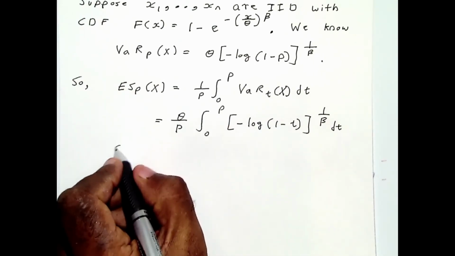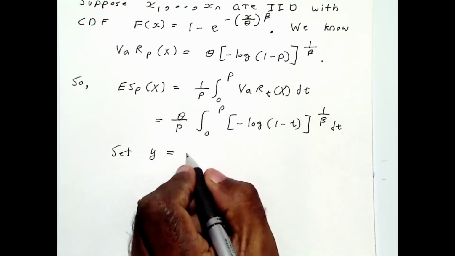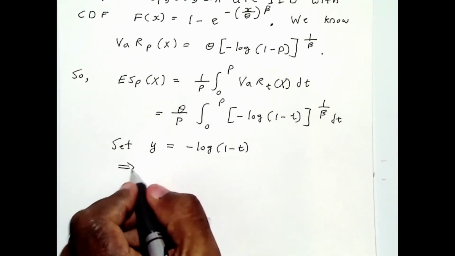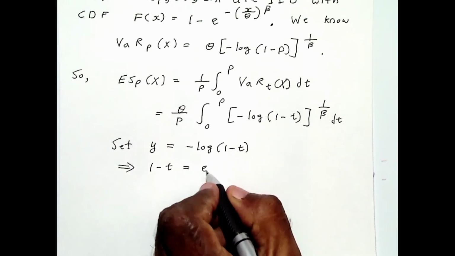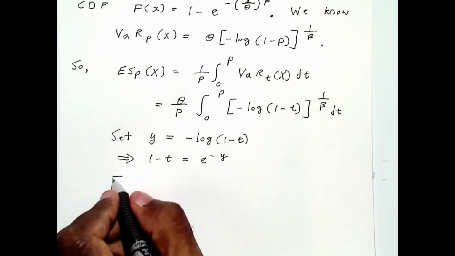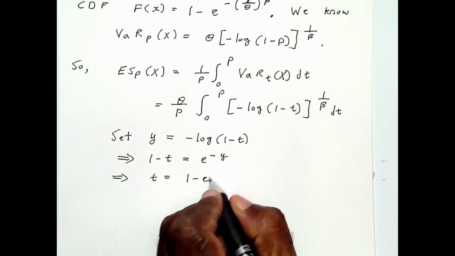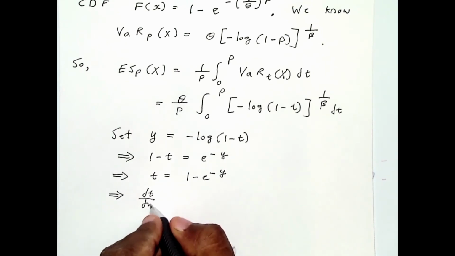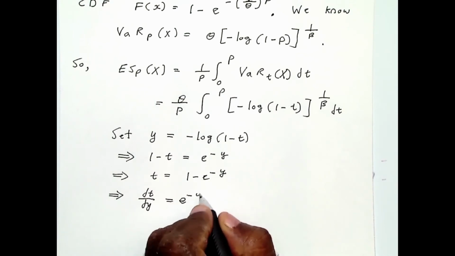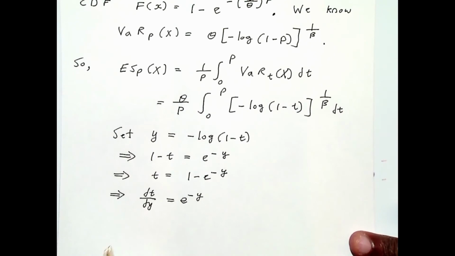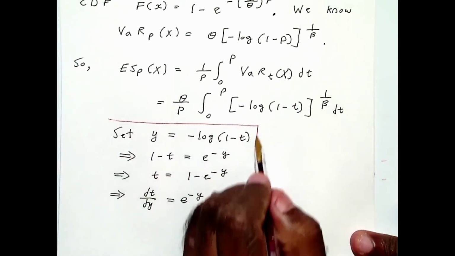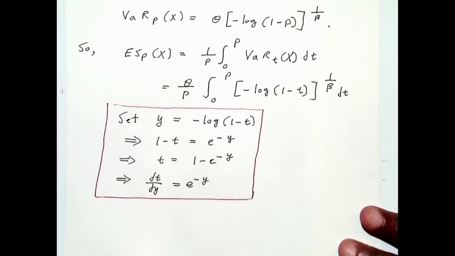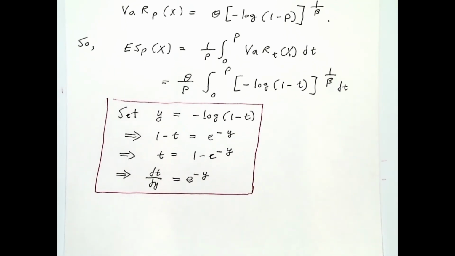So let me set y equal to minus log of 1 minus t, which implies that 1 minus t must be this, which implies that t must be this, which implies that dt by dy is e power minus y. So let me put this in a box.